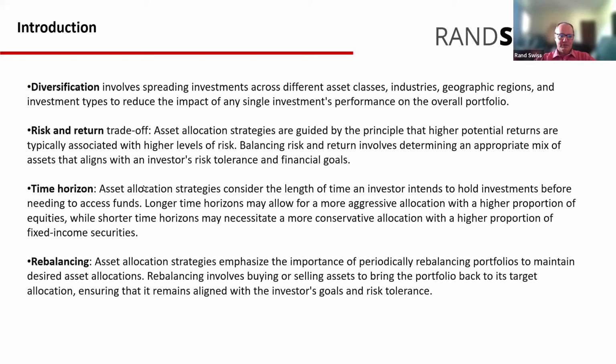Risk return trade-off is obviously this risk reward. It's a bit of a balancing act. Time frame is important, because if you have a 10-year time horizon versus a 1-year time horizon, then the risk return looks completely different. As you know, the S&P and markets are at all-time highs.